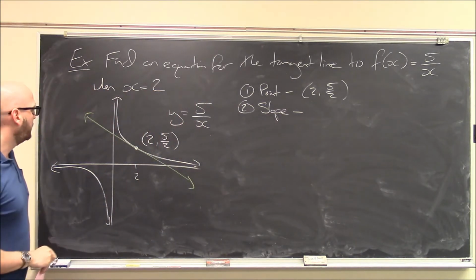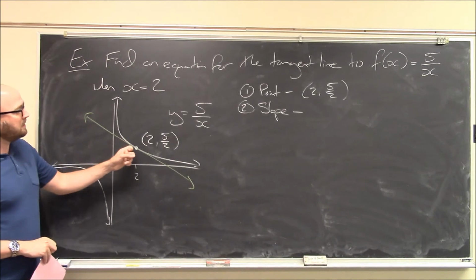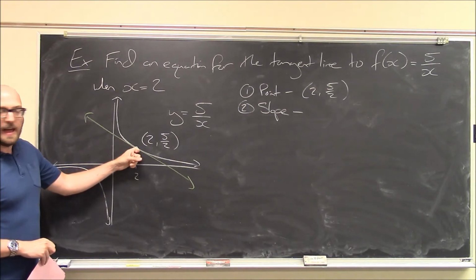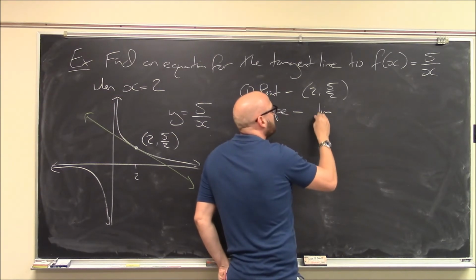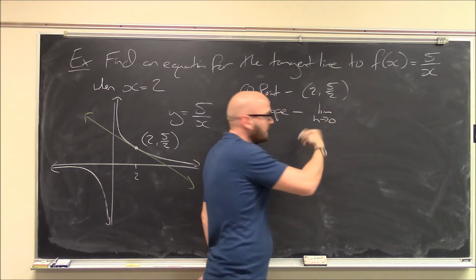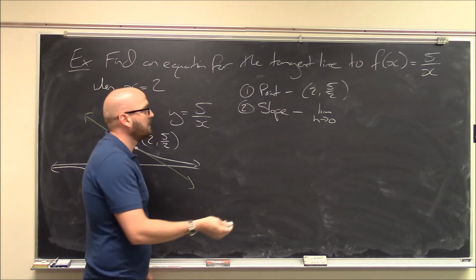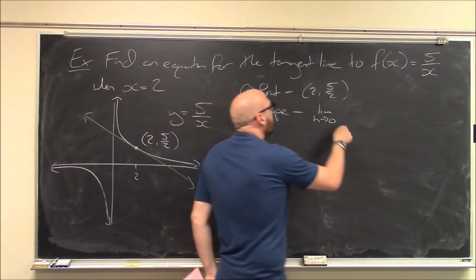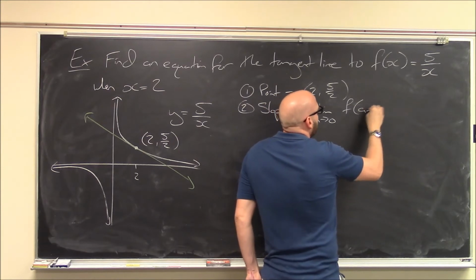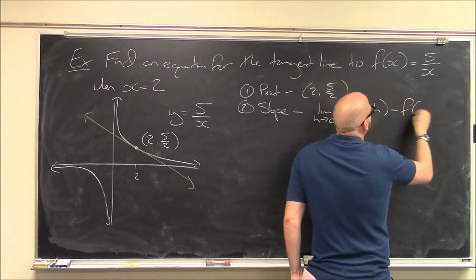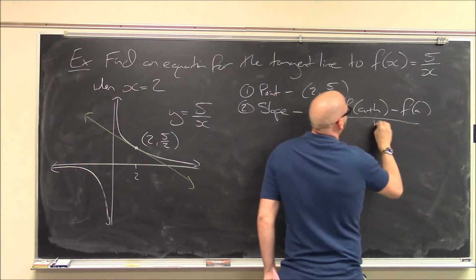What's the slope? Well, the slope is the instantaneous rate of change of this function at 2, right? So what's the instantaneous rate of change of the function at 2? It's the limit as h goes to 0. Again, this form never changes, right? You should have this formula memorized. Limit as h goes to 0 of f of a plus h minus f of a over h.